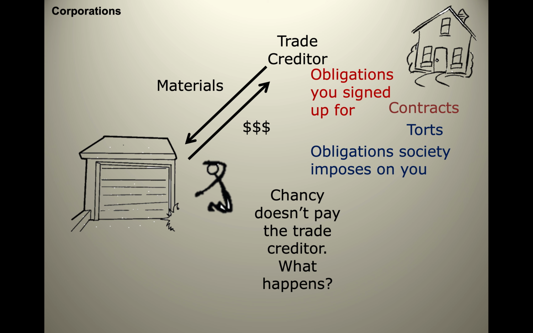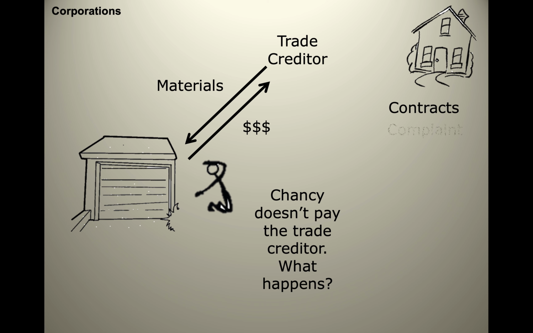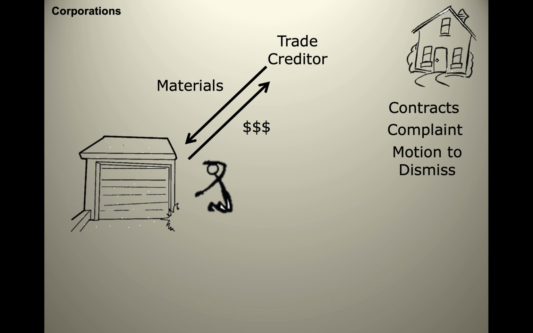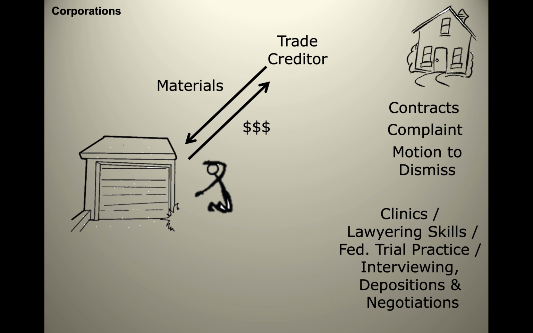So let's get back to our contracts case brought by the trade creditor against Chancey with respect to the sole proprietorship. So the trade creditor will, of course, file a complaint. That claim will go after Chancey individually. Chancey will file a motion to dismiss. Maybe Chancey's lawyer is confused and thinks that Chancey has limited liability in his sole proprietorship, but that will not be the case.